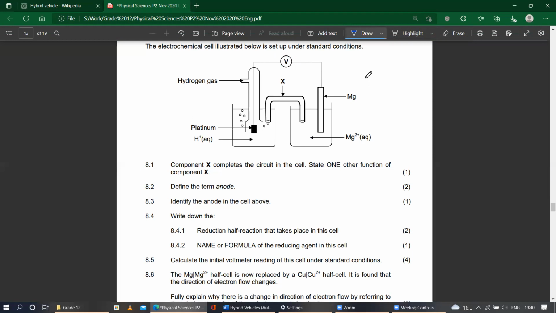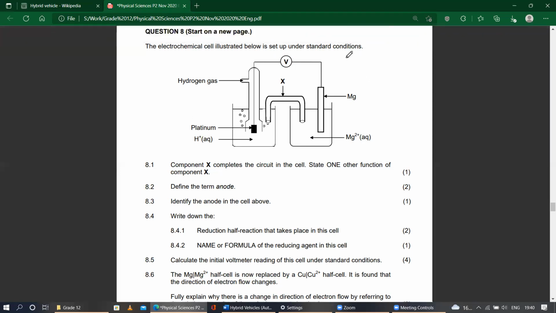So in this section, I think the only equation that you guys are gonna use now is the cell potential is equal to the reduction potential of the cathode minus the reduction potential of the anode.